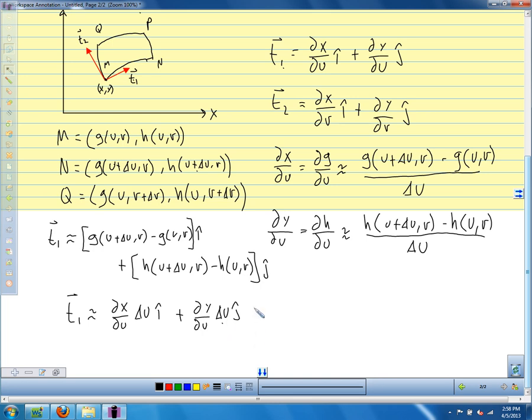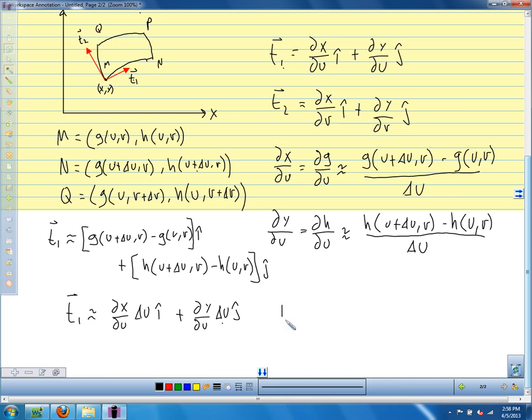Similarly, we can approximate t2. We would go through the same argument, writing an expression for t2 in terms of the partial derivatives and in terms of the change in the components as we move along the side of this approximate parallelogram.